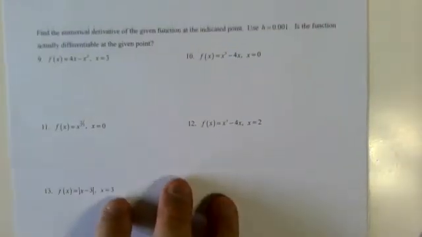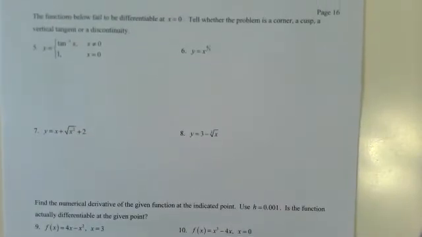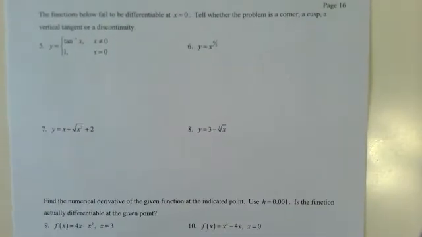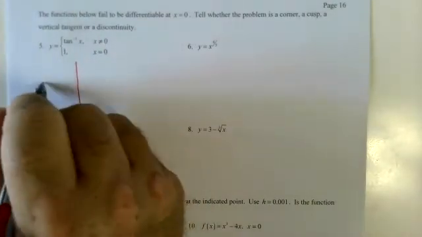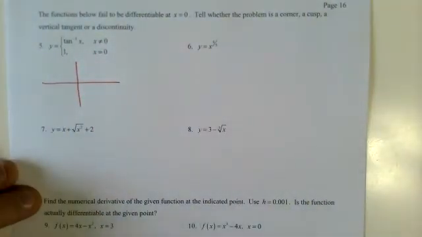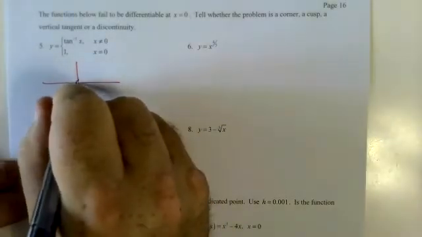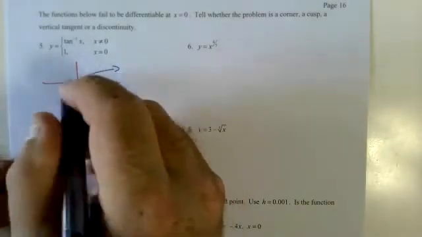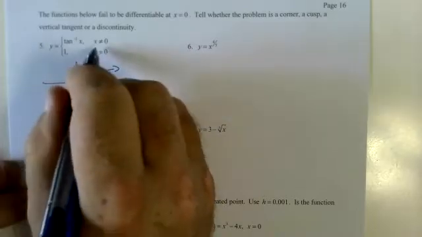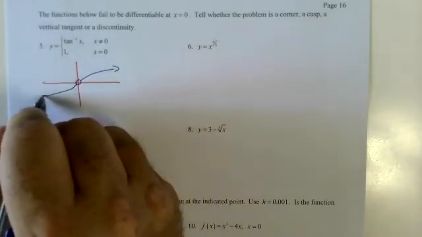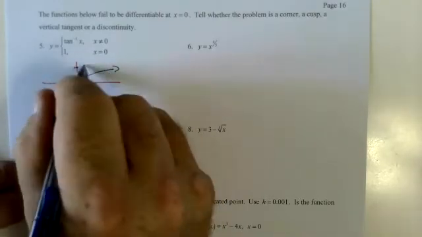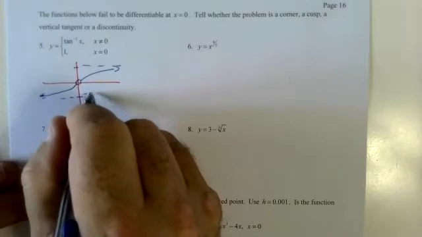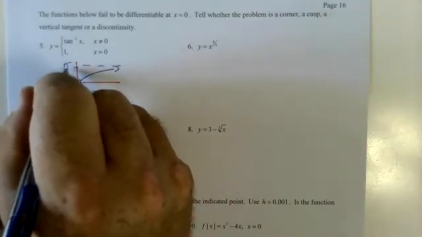All right, so the functions below fail to be differentiable at x equals. Tell me the problems: corner, cusp, vertical tangent, or discontinuity. So, boy, I sure hope you know how to graph, because otherwise your life is in for a really, really horrible time. I know that arctangent is just the reflection. This would be tangent. This would be tangent. So you reflect it, and rather than the pi over 2 being there, it's up here with an asymptote, down here with another asymptote.